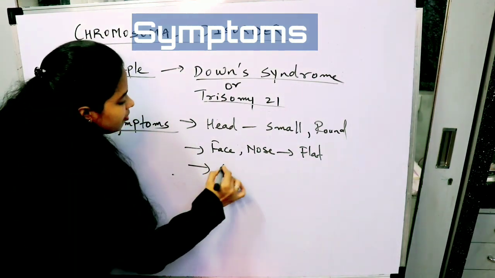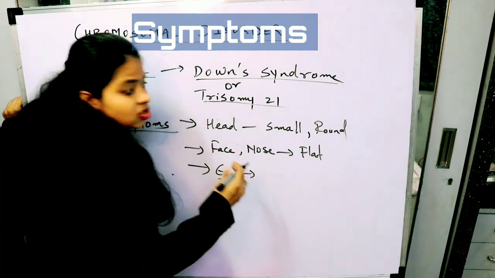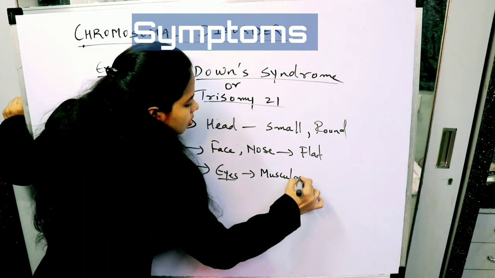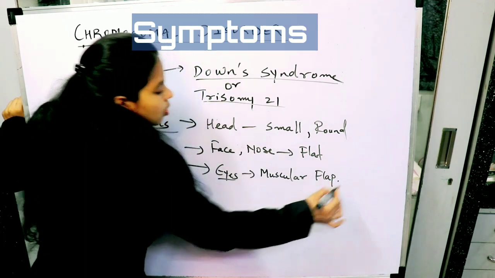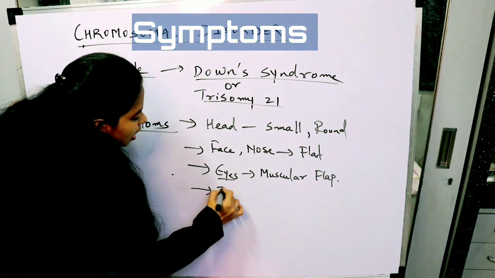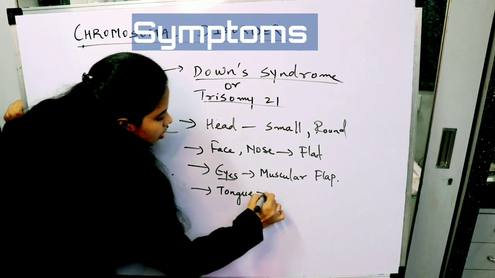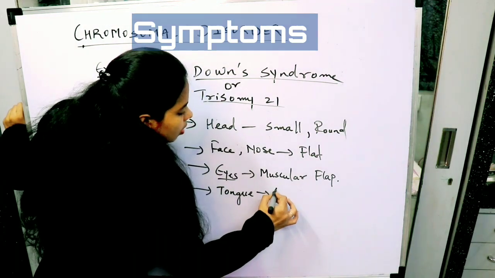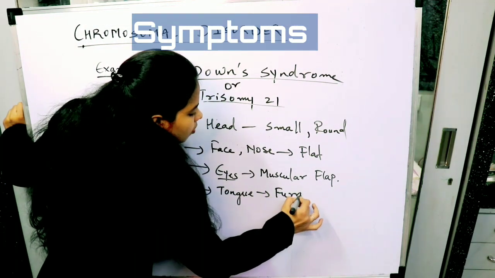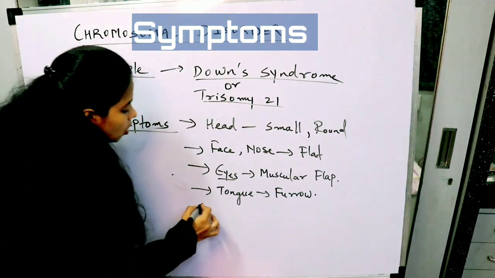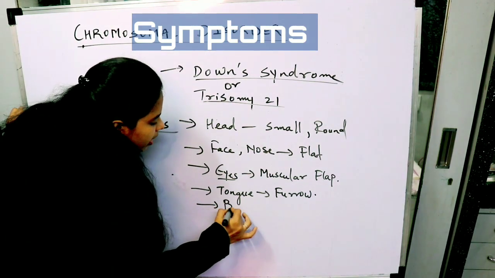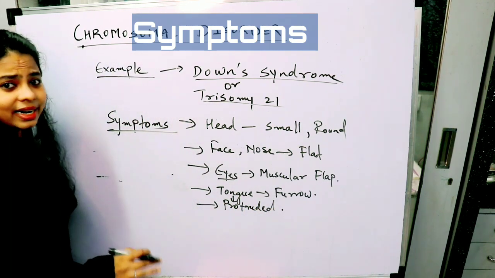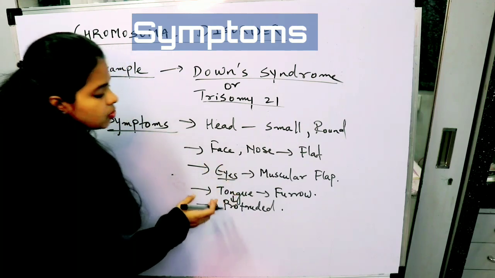Then next, if we talk about the eyes, the eyes have an extra muscular flap. Then next is the tongue. The tongue has a furrow in it, and it is protruded. So this is all from head to face to eyes and tongue.